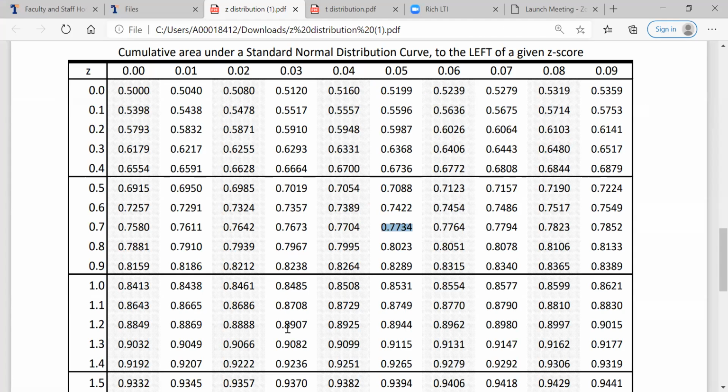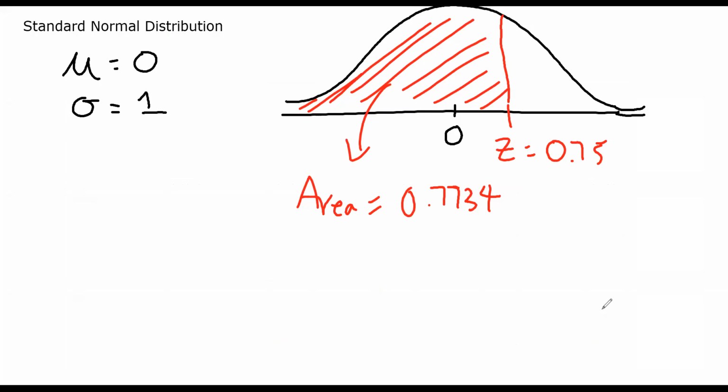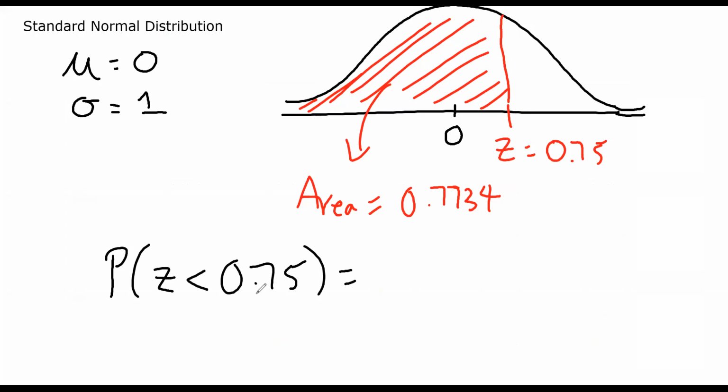All right, let's go back to the whiteboard. And just a reminder, what this means in terms of statistics is if you have continuous data that's measured in decimals, whose mean happens to be 0 and standard deviation happens to be 1, then the probability of some z value being less than 0.75 corresponds to that area.